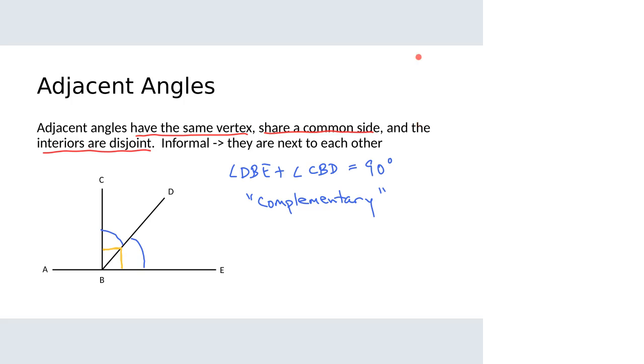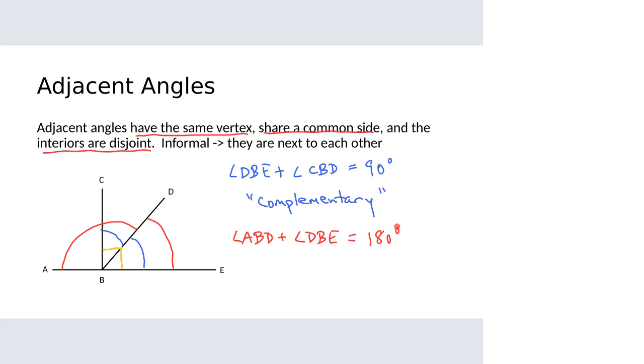It's another word that kind of goes right along with this one. If we look all the way here, we have a straight angle. So there's a couple different ways that I could combine angles here to get to a straight angle. If I use angle ABD and I add that to angle DBE, if I add those two together, it makes 180 degrees.